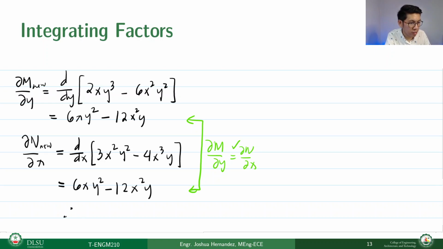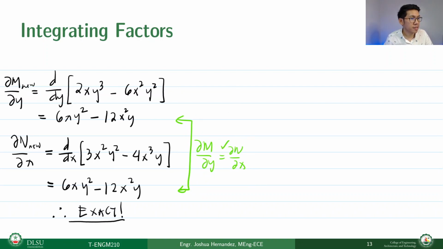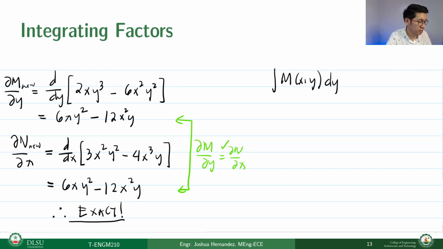That this new equation is exact. Now, since this is exact, we can go ahead and solve this through our exact method. And what is that? I'll be using method 2, which is the integral of M(x,y) dy.